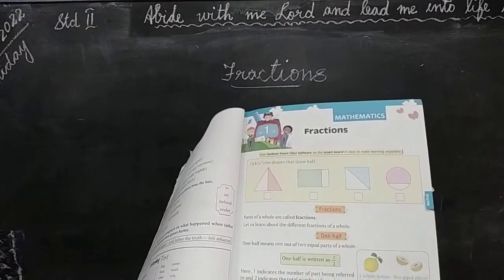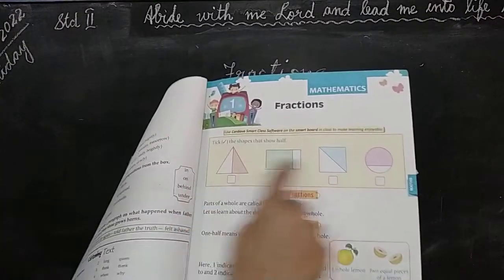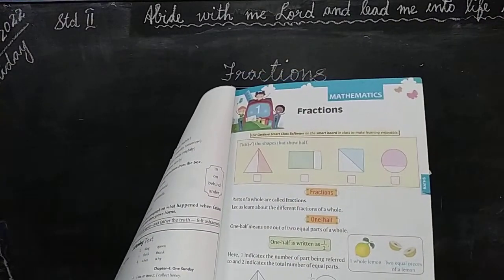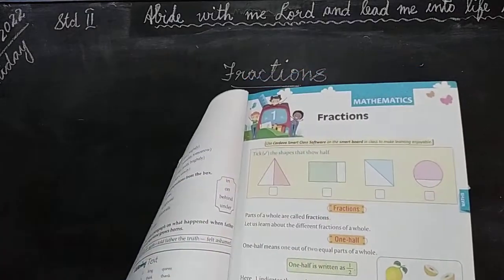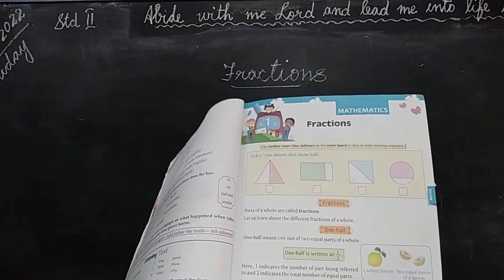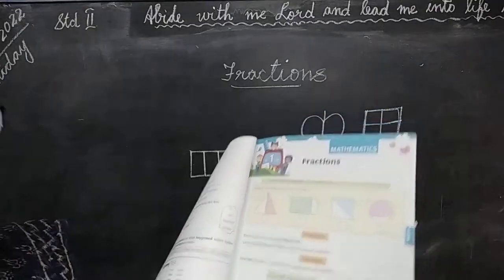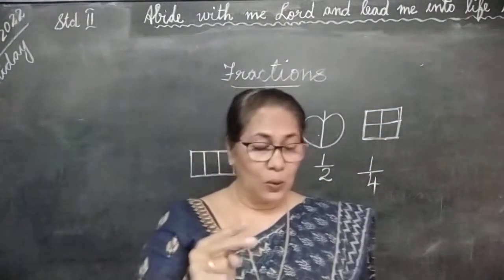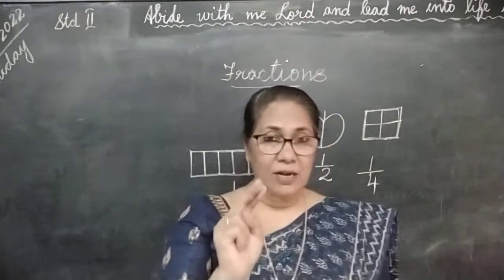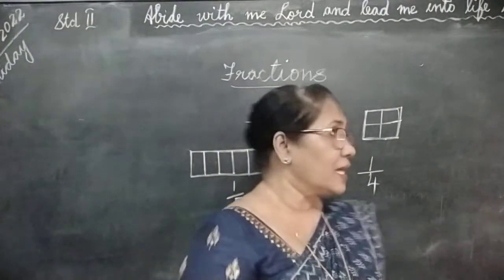Can you tell me? Yes, one is a triangle. Tick the triangle. And the next one is the square, the blue square. The third picture, that is also just half.